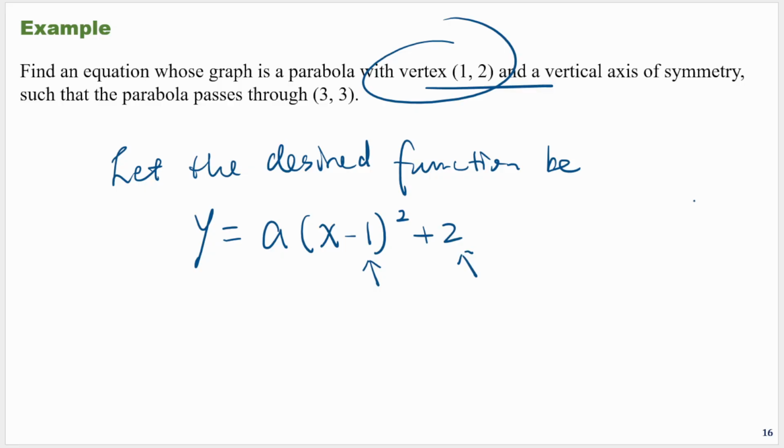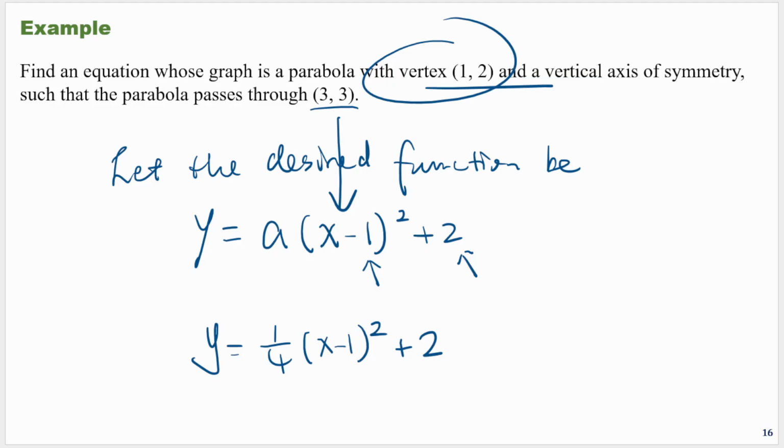Make use of the information given to you, and then insert (3, 3) into that equation to solve for the unknown value a. Then you will get the final equation. Yeah, that's correct. y equals a quarter times (x minus 1) squared plus 2.